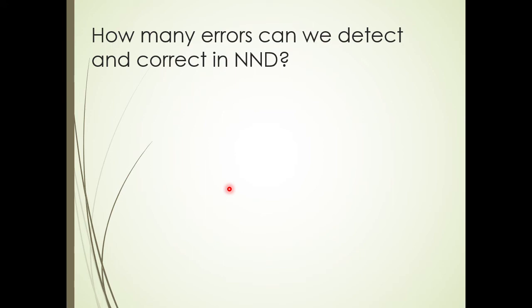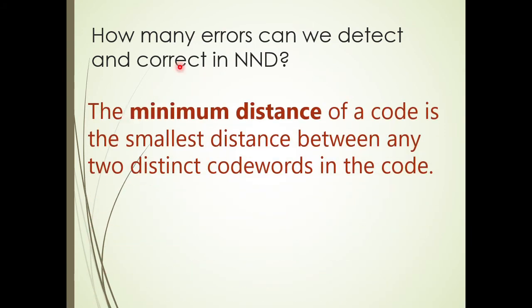Now let's discuss how many errors can the nearest neighbor decoding detect and correct. In order to understand this, we discuss the minimum distance. The minimum distance of a code is the smallest distance between any two distinct words in the code.